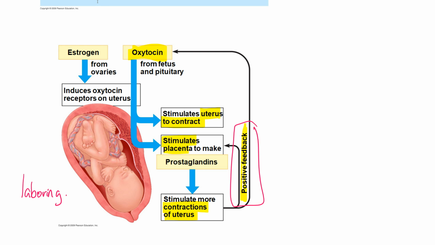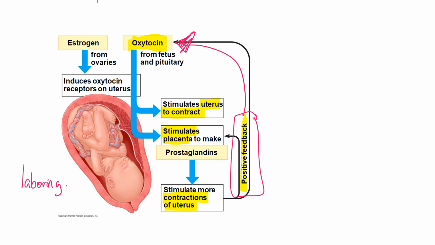The contraction of the uterus sends a signal to the brain, the pituitary gland, to make more oxytocin so that it can contract more and push the baby out more. You need to keep pushing and pushing until the baby is pushed out of the uterus. So this is a positive feedback. And with that, we finish the whole reproductive system and human development chapter.